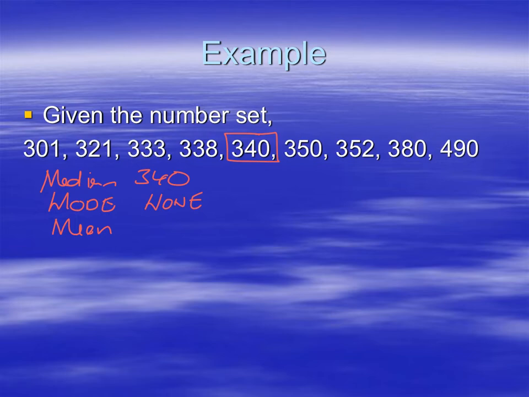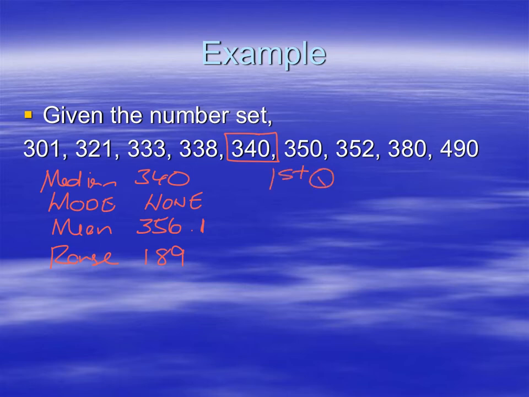Just bear with me. And my mean would be 356.1 repeating. The range in this example, maximum minus minimum, 490 minus 301, which would be 189.